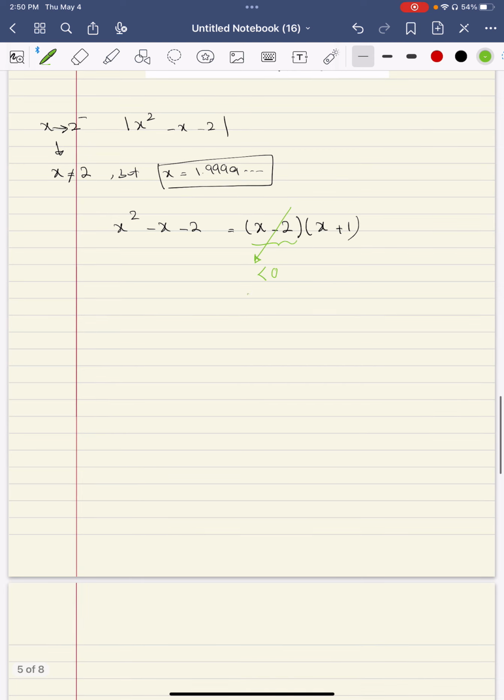Why? Because x minus 2, if your x is 1.999, would be less than 0. And this part of your question would be positive, right? So a negative value times a positive value would be a negative value, right? So what we are certain about is that this part of the question is negative.